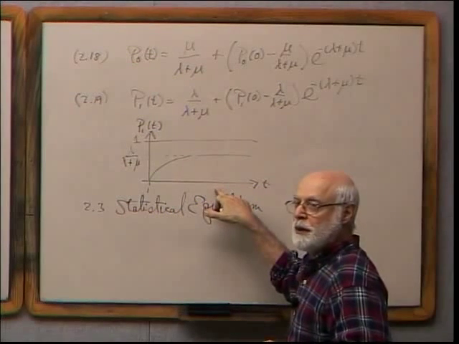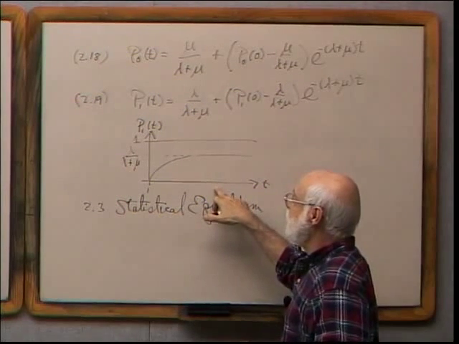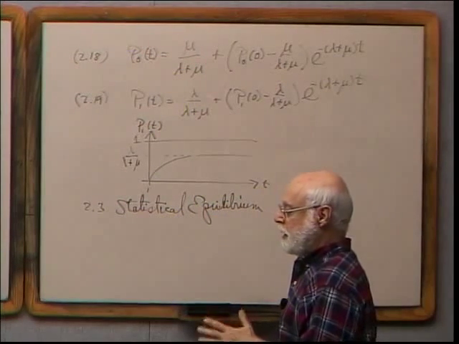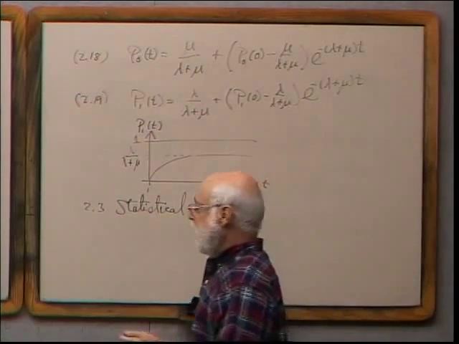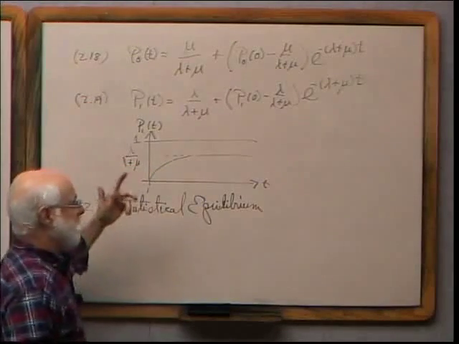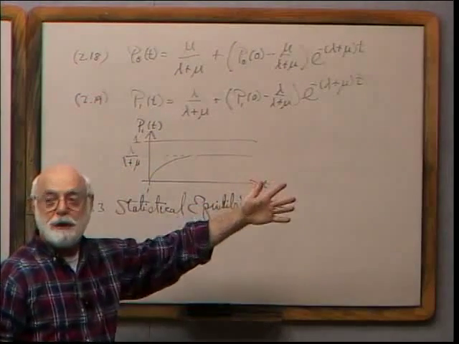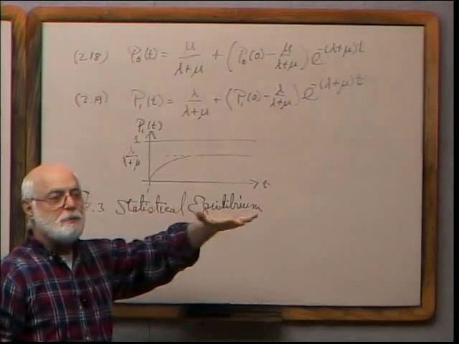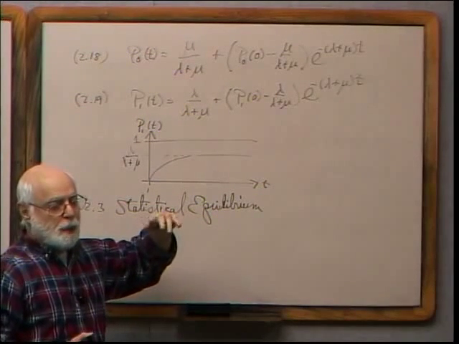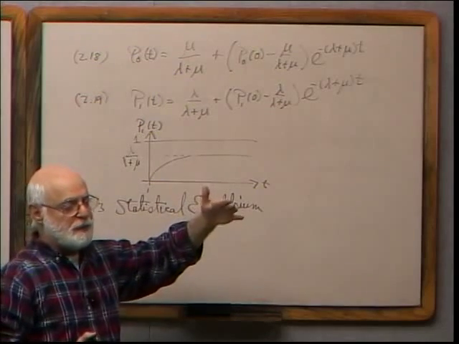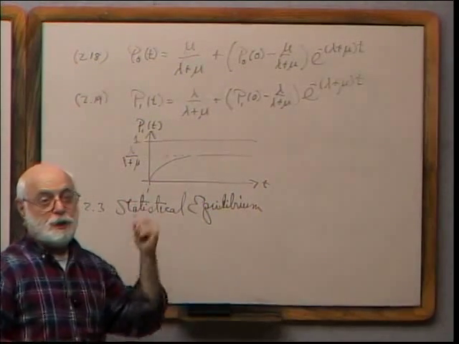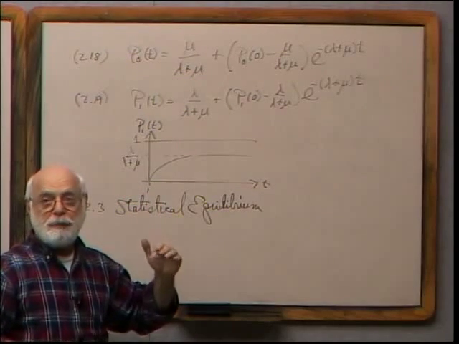What you're usually concerned with is, you say, I've got this system, and it's in operation, and there were some initial conditions, and eventually those initial conditions should wear off, and then I should be in some kind of equilibrium. That is, what I want to know is if I look at the system at some time which is far enough removed from when I looked initially, what are the probabilities that describe where I'm going to find the system?